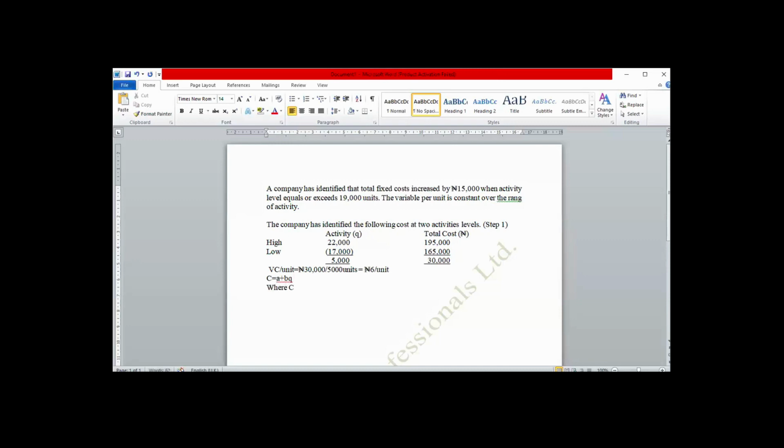Where C is equal to 195,000. A, we don't know. B is equal to 6. And Q is what? 22.